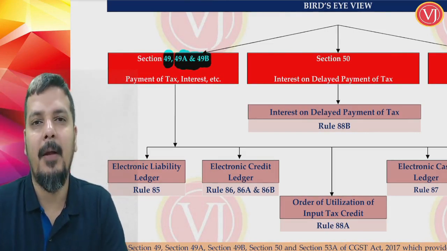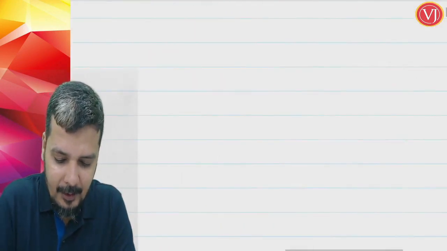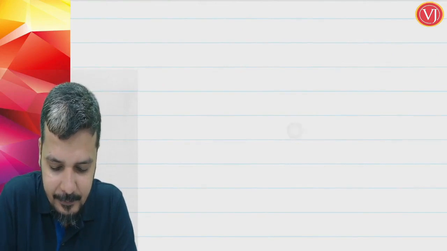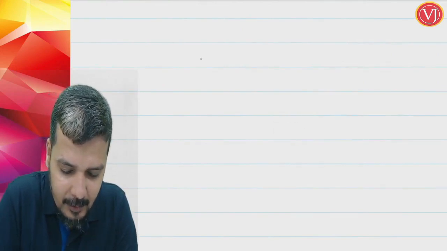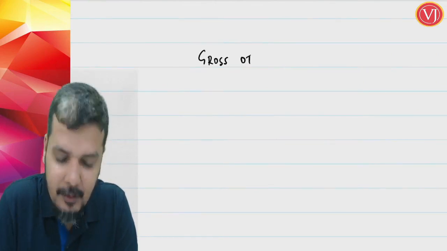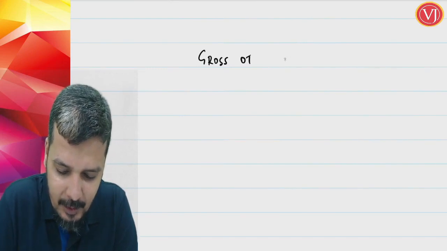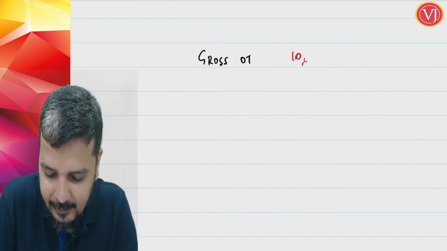So when you talk about payment, please understand that supposing you're having a gross output tax liability, which you have to pay, and assume that that gross output tax liability happens to be 10 lakhs.